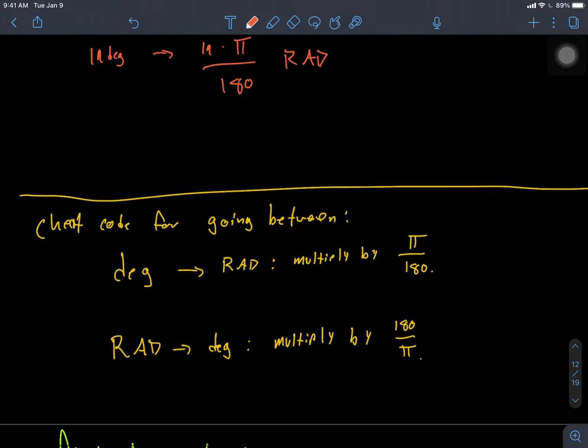Or if we have pi over 4 radians and we want to go to degrees, we do the opposite. Instead of multiplying by pi over 180, we multiply by 180 over pi. So we would do pi over 4 times 180 over pi degrees, and that would be equal to 180 divided by 4 degrees, which is 45 degrees.